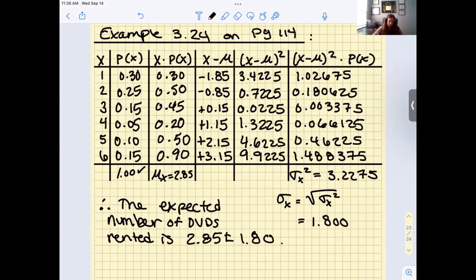Okay, you could even bring it further and say like 3 plus or minus 2, right? Because you can't actually rent 2.85 DVDs, right? So 3 plus or minus 2. So you would say maybe it ranges between 1 and 5, right?